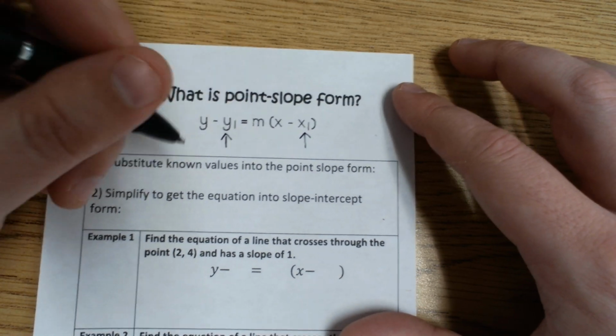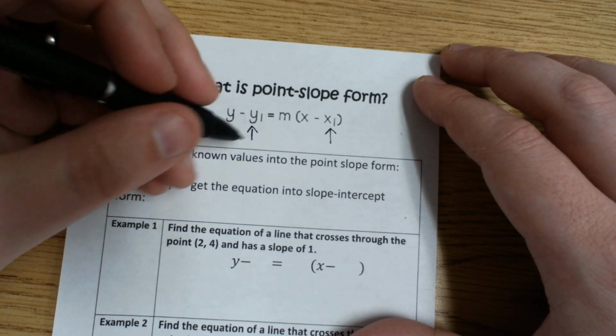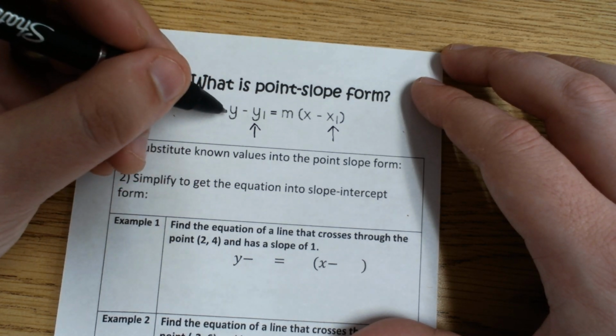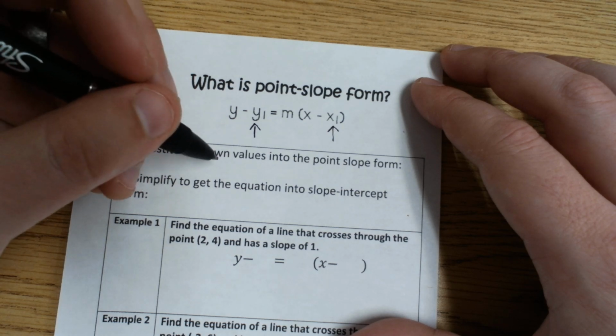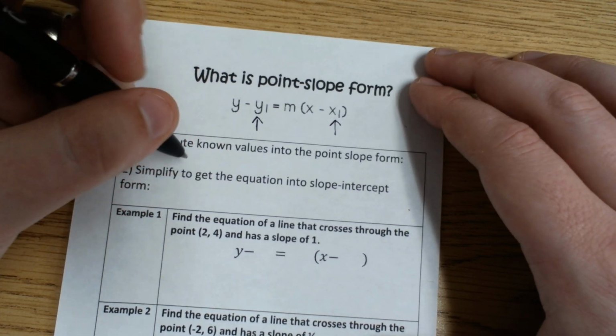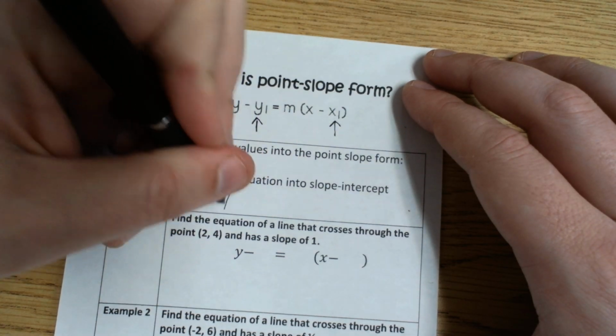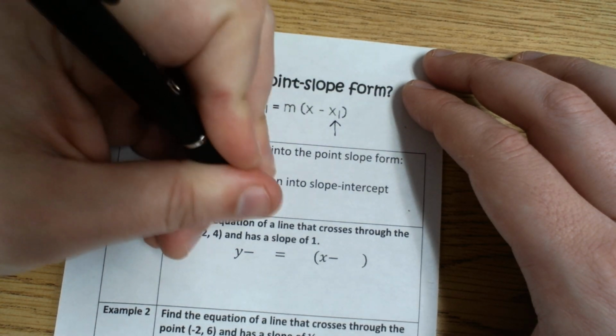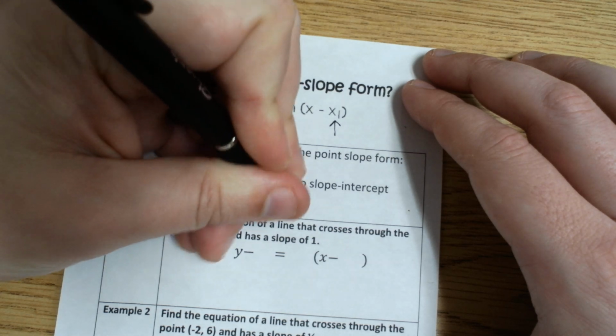So we'll substitute the known values into the point slope form, which again is y minus y1 equals m times x minus x1. And we'll simplify to get the slope intercept form, or y equals mx plus b.